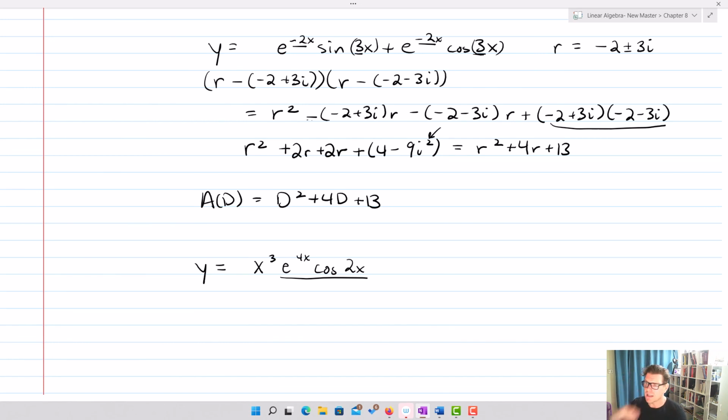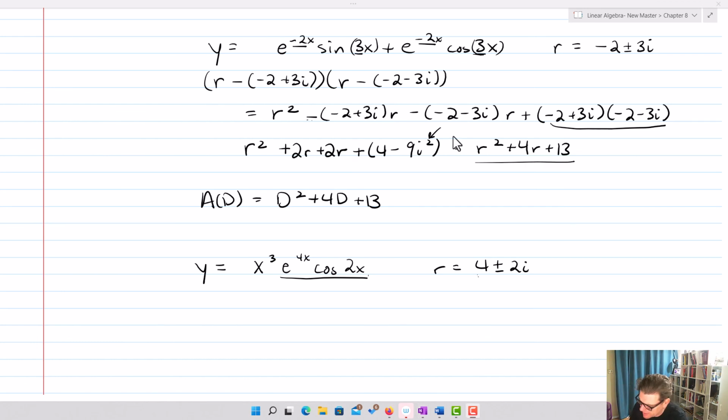The adding of powers works exactly the same for complex auxiliary polynomials that have complex roots as it does for ones that don't, okay? So in this case, r is going to equal 4 plus or minus 2i.